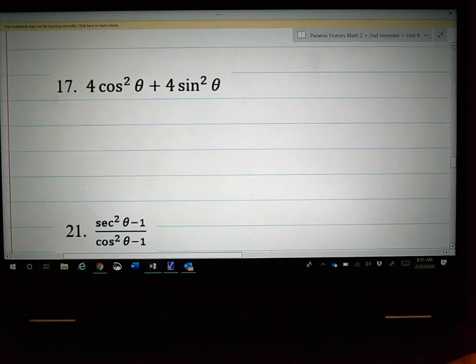Number 17 is a little bit harder, but not that much harder.